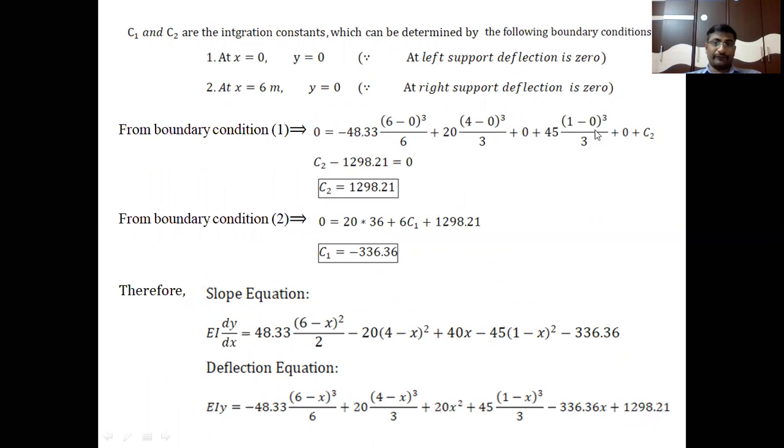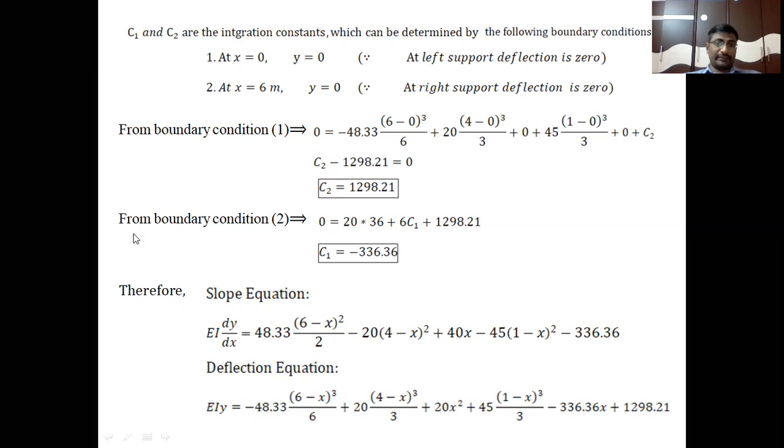From this equation, we will get the C2 value. C2 value is 1298.21. This is the second integration constant from the first boundary condition.